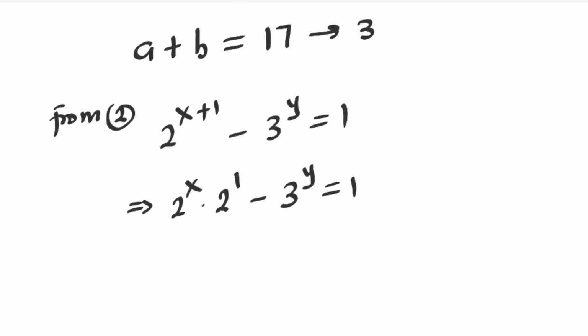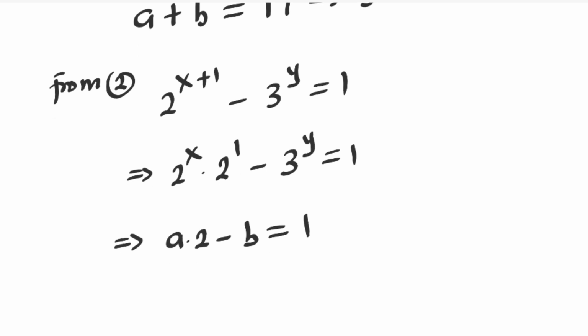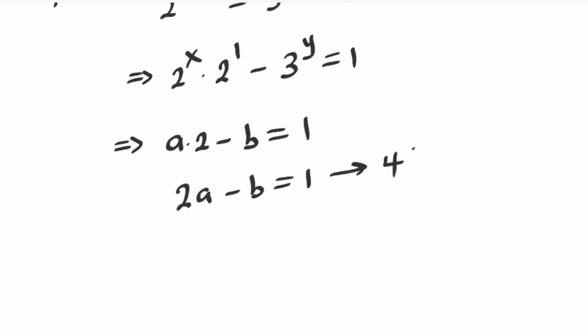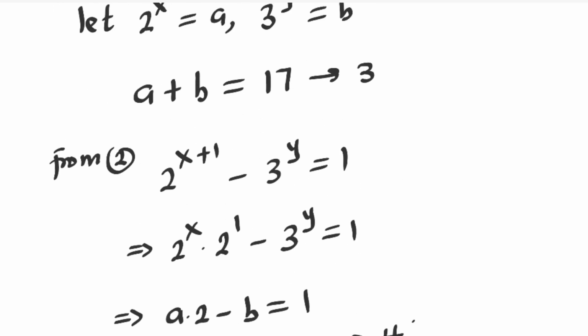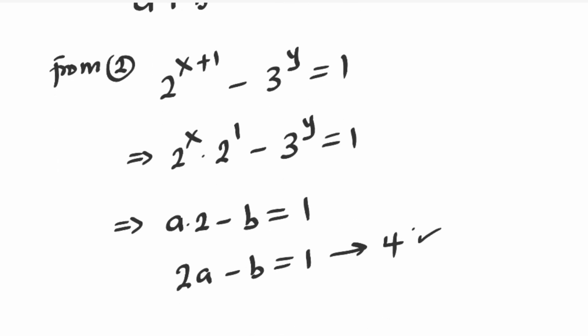Now, if 2 raised to power x is a, this is a multiplied by 2 minus 3 raised to power y is b is equal to 1. A multiplied by 2, this is 2a minus b is equal to 1. This is equation 4. Now we can solve equation 3 and this equation 4 simultaneously.